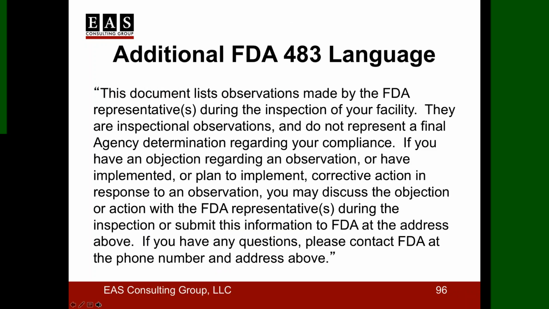Instead, FDA is reorganizing. So again, you give FDA the chance to see those corrections of whatever objections they have. Or if not, you come up with a plan, like I stated earlier, 15 days after you receive the 43.